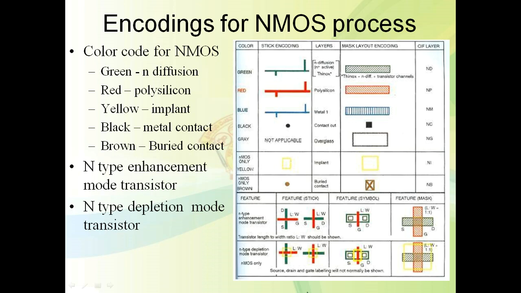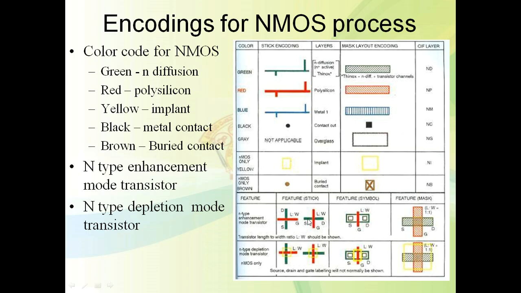Now you can see here the N type enhancement mode transistor is formed where the N diffusion layer and polysilicon layer cross. It may be vertically N diffusion layer and horizontally polysilicon layer, or horizontally N diffusion layer and vertically polysilicon layer.